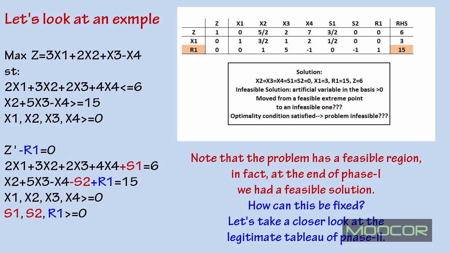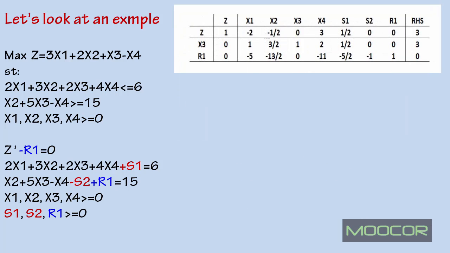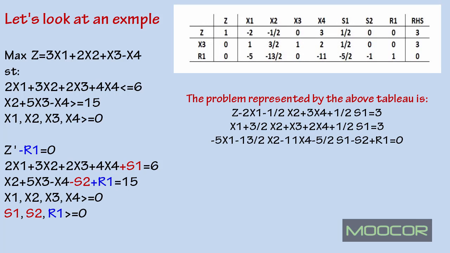How can this be fixed? Let's take a closer look at the tableau and see what we can get from that tableau. This is the legitimate tableau of the phase 2 problem. We can rewrite the equations associated with this tableau for the z row, for the x3 row, and for the R1 row.